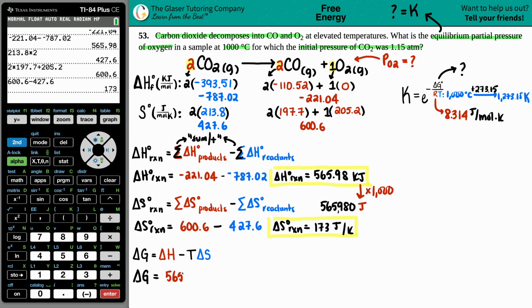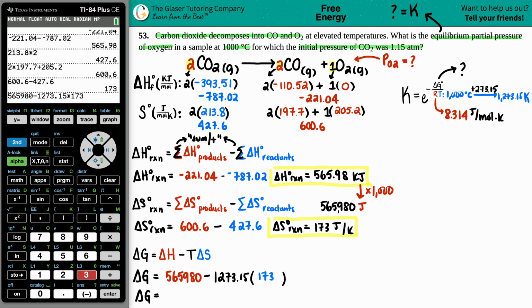So 565,980 minus the temperature, which was 1,273.15, times by the delta S, which was 173. Plug that all into the calculator at once, and we will be able to get a delta G value. So 565,980 minus 1,273.15 times 173.